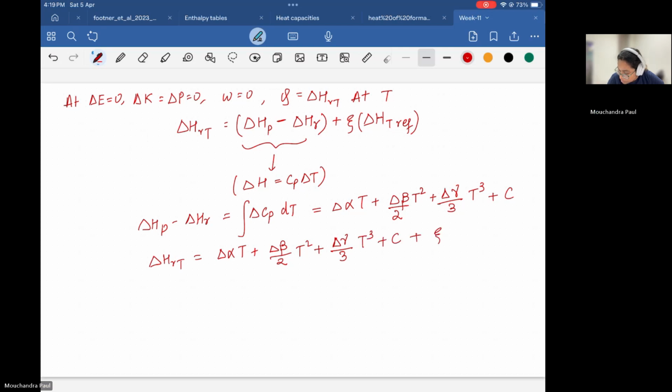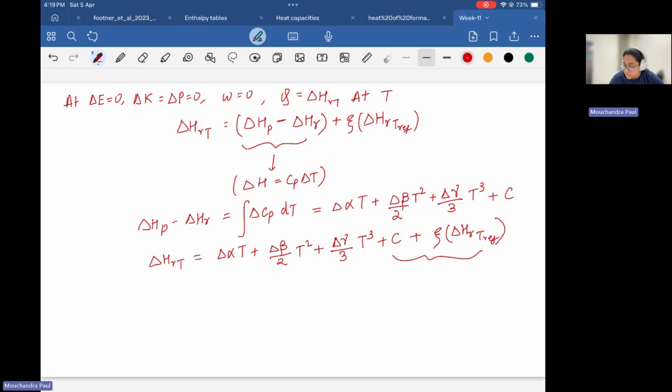Plus the heat of reaction at reference temperature, Href. That's a better notation. Heat of reaction at reference temperature.